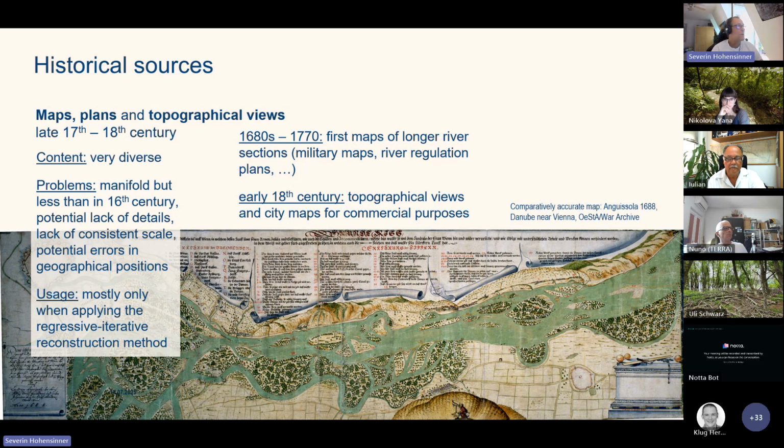We have manifold problems, but fewer than in the 16th century, with a potential lack of details, lack of consistent scale, potential errors in geographical positions. And these sources can also mostly only be used with the regressive iterative reconstruction method, because otherwise it's difficult to find enough reference points where we can fix the maps in the landscape.